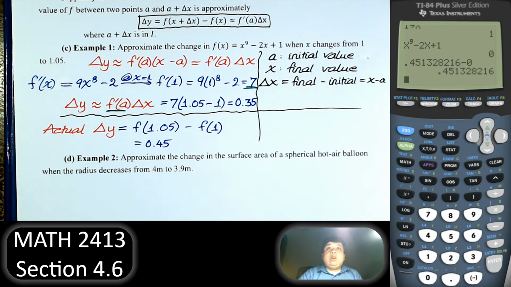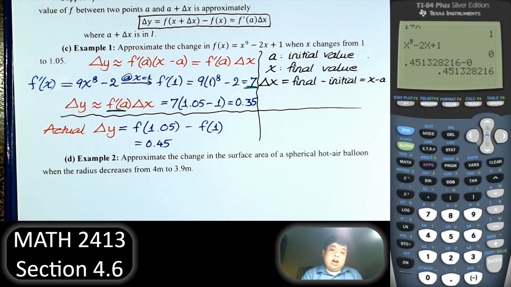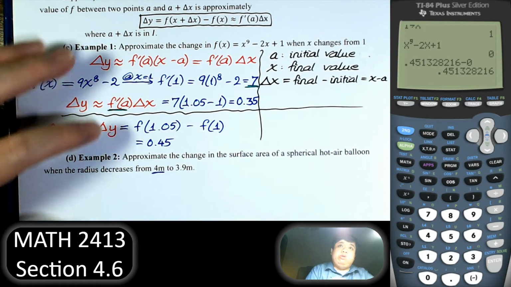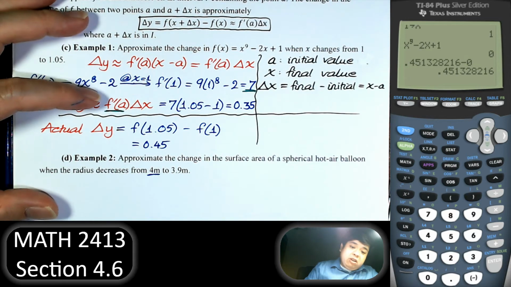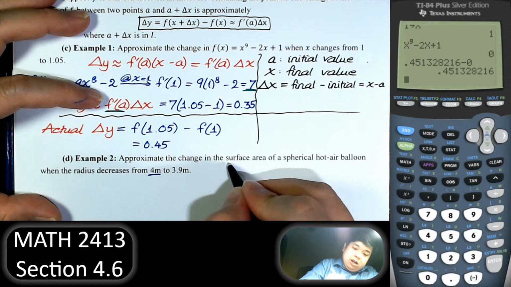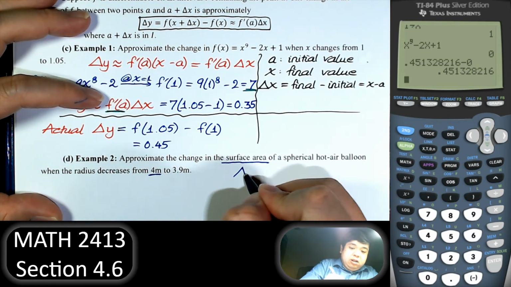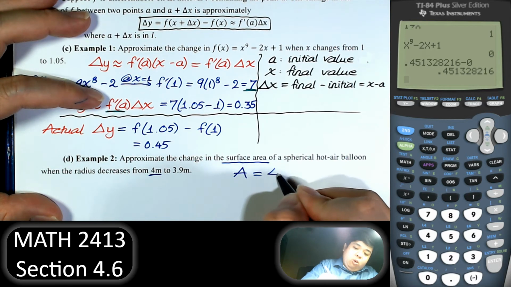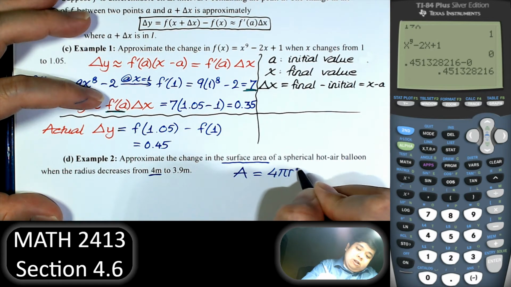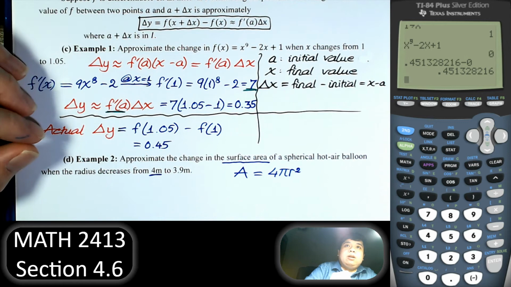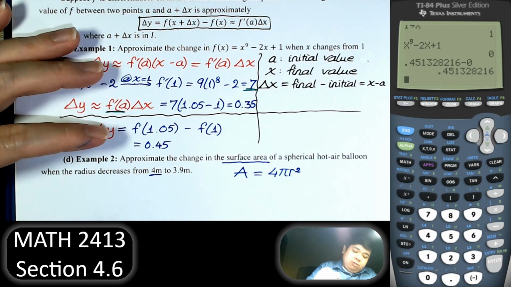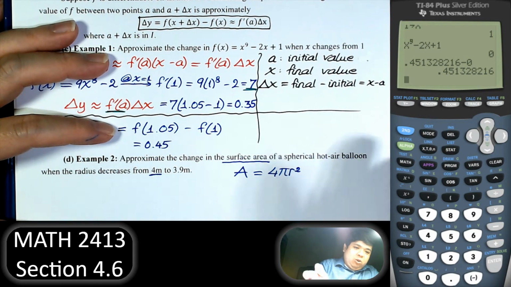Right, now let's look at the second example. Approximate the change of the surface area of the spherical hot air balloon when the radius decreases from 4 to 3.9. So initially the value is equal to 4. So we talk about the surface area. The surface area of a sphere is 4 pi r squared. Now, or like y equal to.